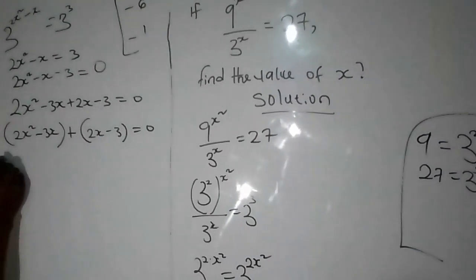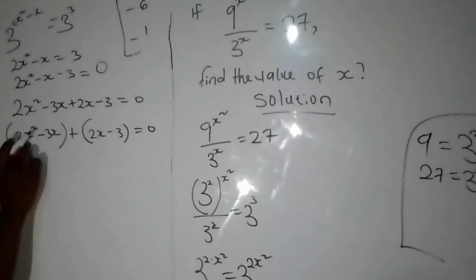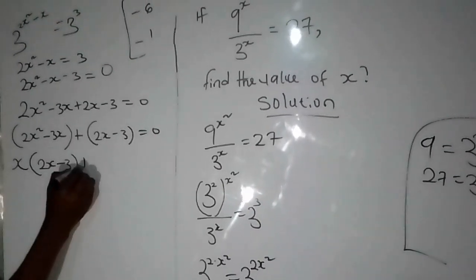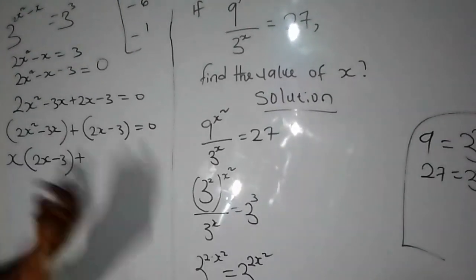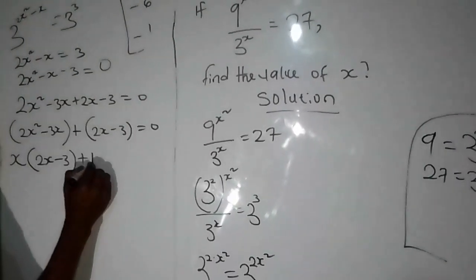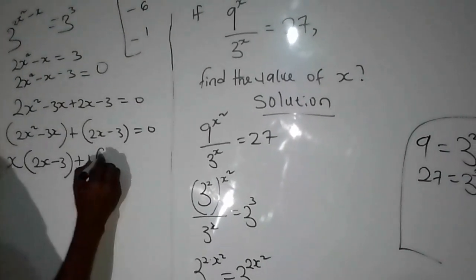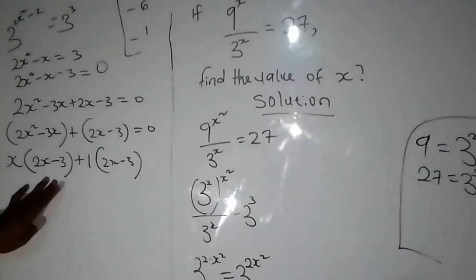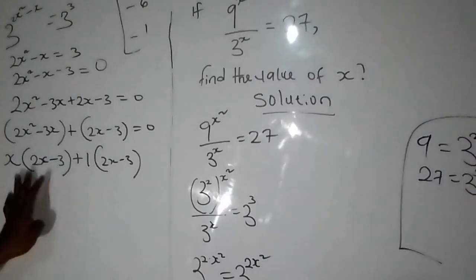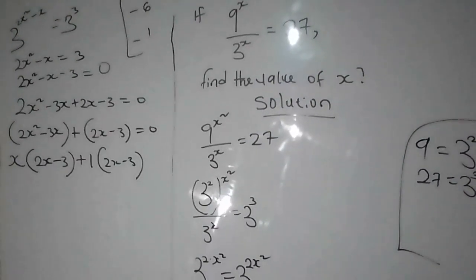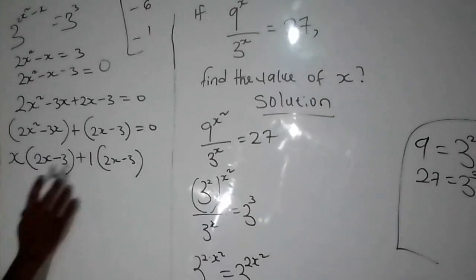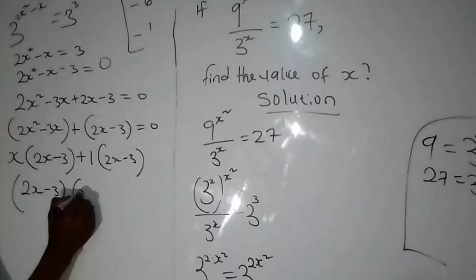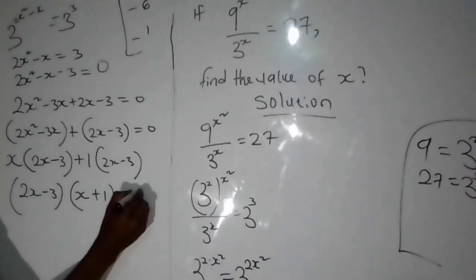When we factorize it out, it becomes x into what is remaining here, 2x minus 3, plus, remember we have an invisible 1 here, but for the sake of those that don't understand, let's put it plus 1 into 2x minus 3. Now, looking at the grouping, they are the same. Anytime they are the same, what do you do? You pick one of the brackets, and it becomes 2x minus 3 into x plus 1 equals to 0.